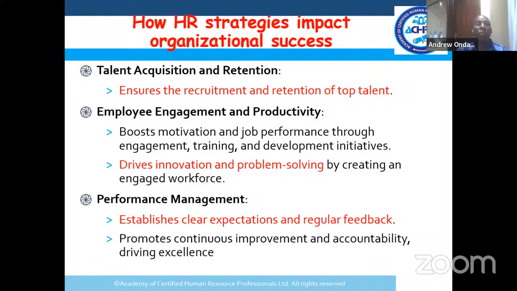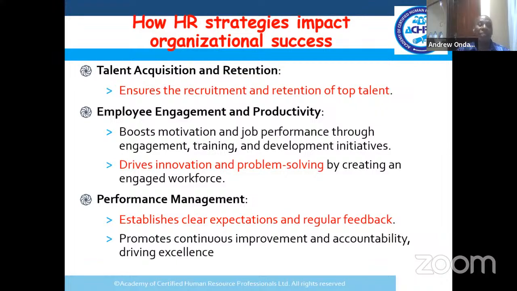Which problems are we talking about here? It could be problems to do with systems, or processes, or technology. The employees that we have engaged should be able to solve these problems, and that depends on how well they are engaged or utilized.